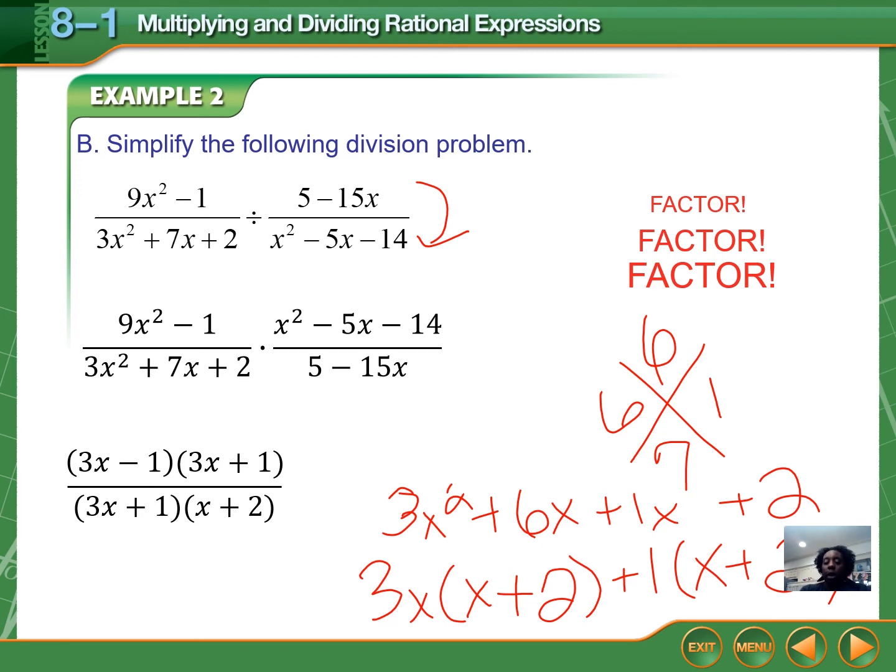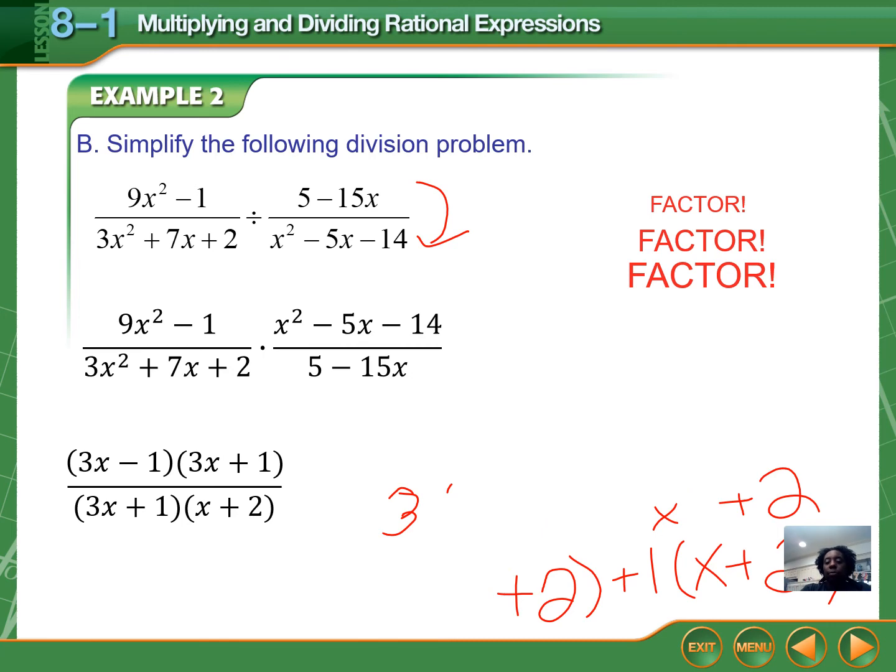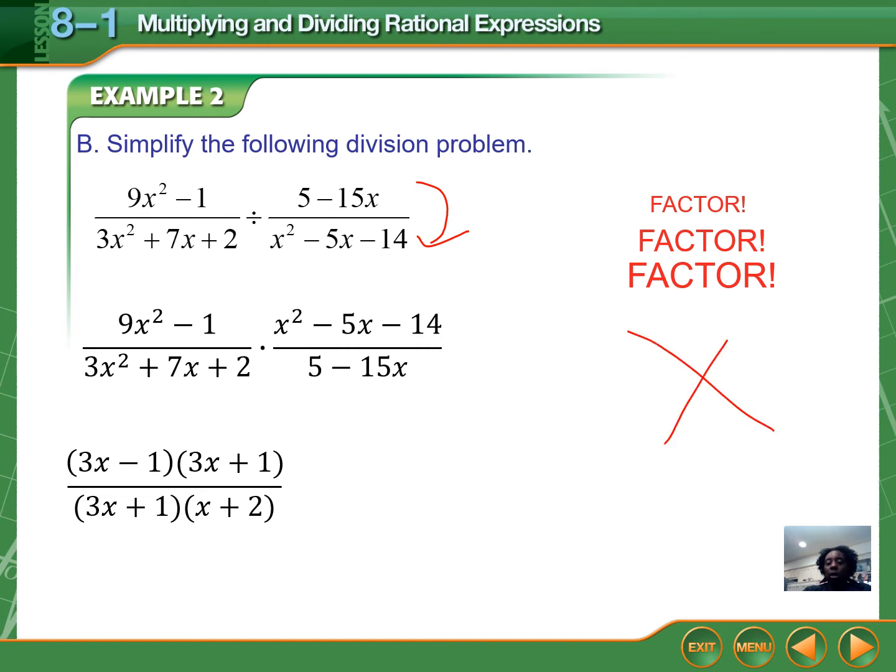There you go. So I am going to erase this so we can have some more room. All right, so now let's go ahead and do our little factor tree for the second one. So we got a negative 14. We need a negative 14 that needs to add to a negative 5.